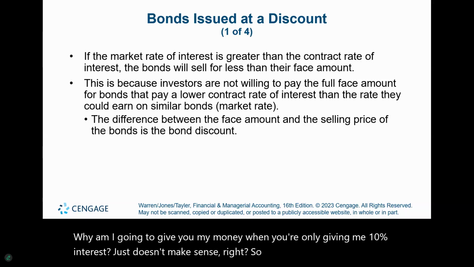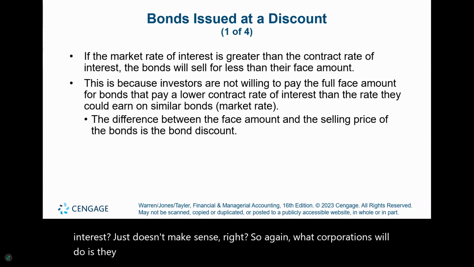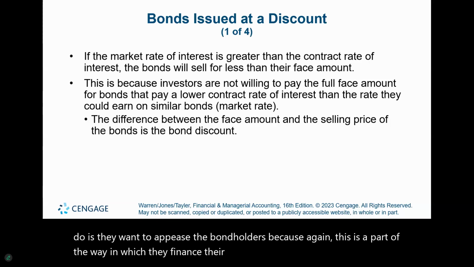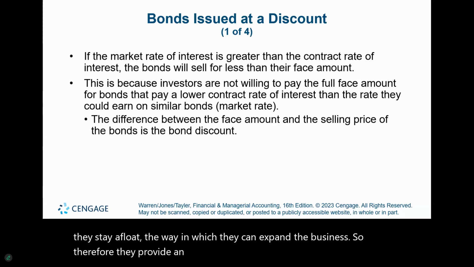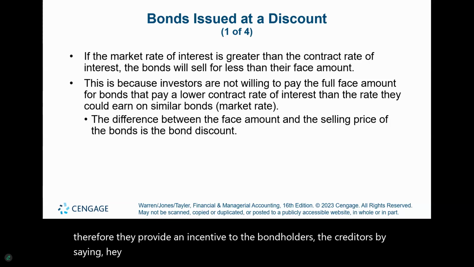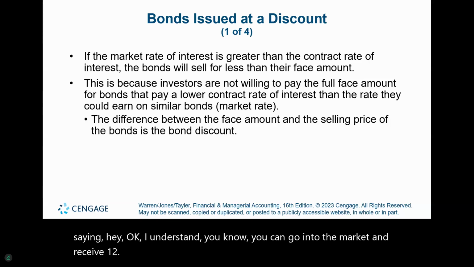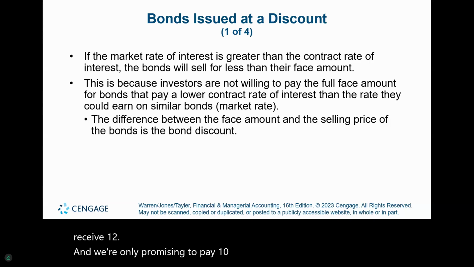So again, what corporations will do is they want to appease the bondholders because, again, this is a part of the way in which they finance their operations, the way in which they stay afloat, the way in which they can expand the business. So therefore, they provide an incentive to the bondholders, the creditors, by saying, hey, okay, I understand, you can go into the market and receive 12%, and we're only promising to pay 10% interest, but here's what we'll do.